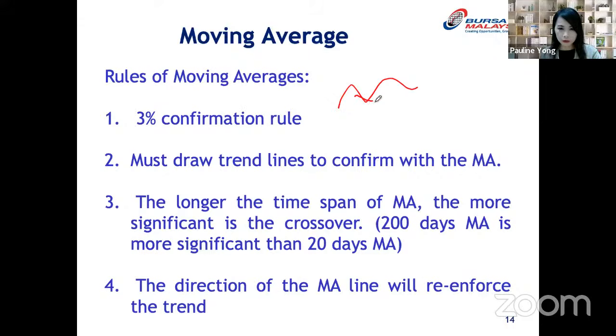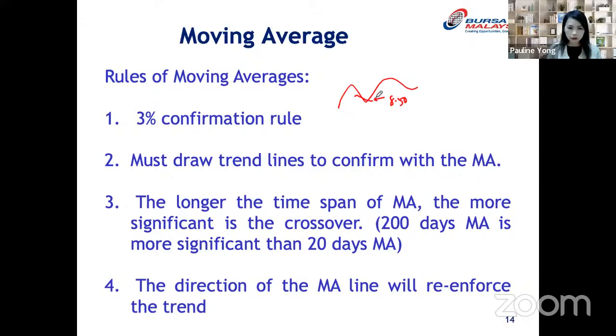Let's say it crossed at 850, say it's Maybank. You have to use a calculator: 850 times 3% is 25 cents. So you add 25 cents and it becomes 875. When it goes up to 875, it has successfully broken out. So when it goes up by 3%, it's a successful breakout. That is one type of confirmation.